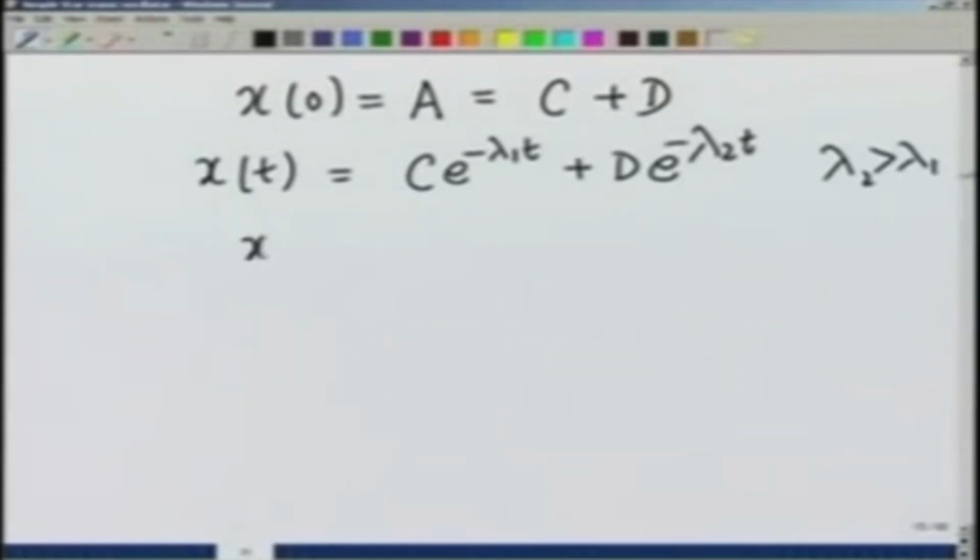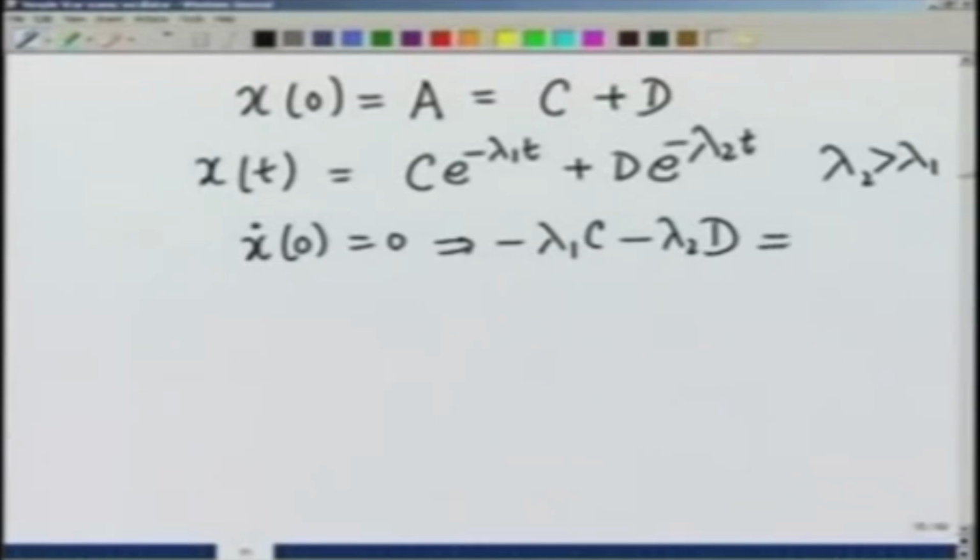And since x dot at time t equal to 0 is 0, this tells me that -λ1 C - λ2 D is going to be equal to 0. These are 2 equations that give me the coefficients C and D.